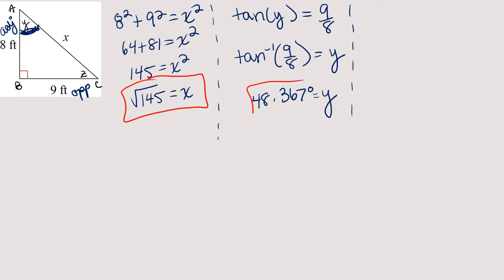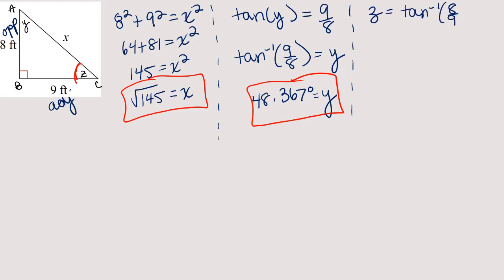Now, to find z, you can do one of two things. You could go back and say, okay, well, this 8 is opposite z and this 9 is adjacent. So to find z, we could do the inverse tangent of 8 over 9. Or you can just subtract what you got for y from 90 to get z.